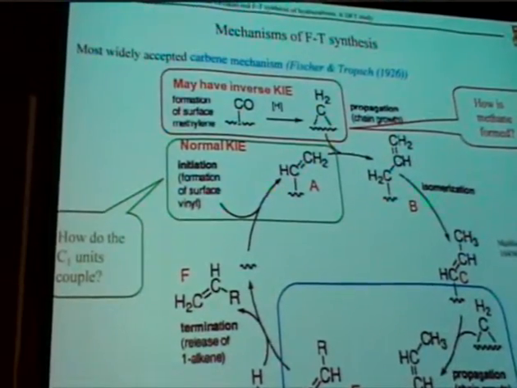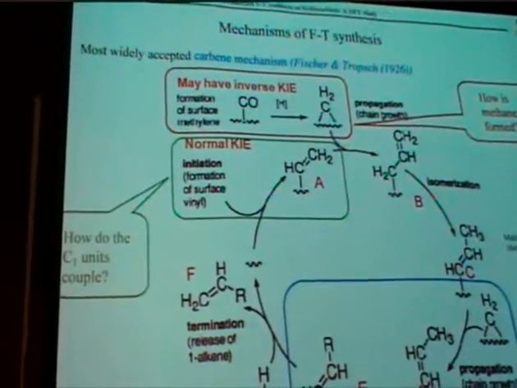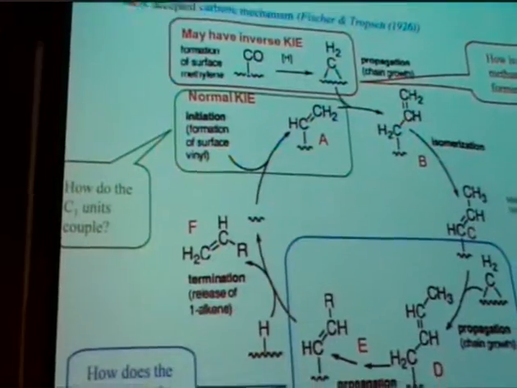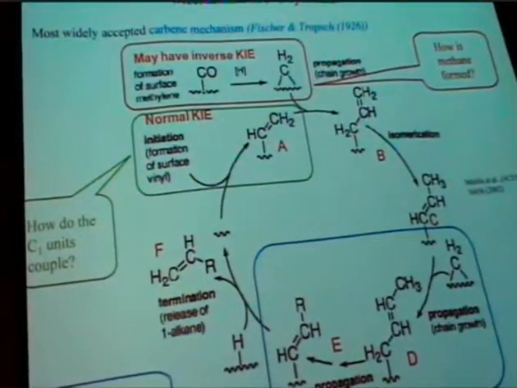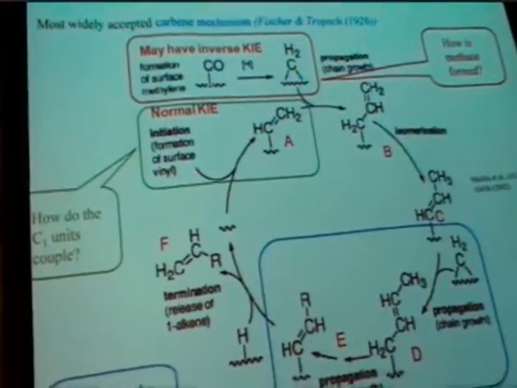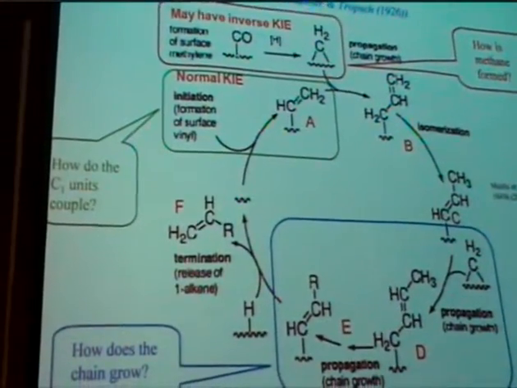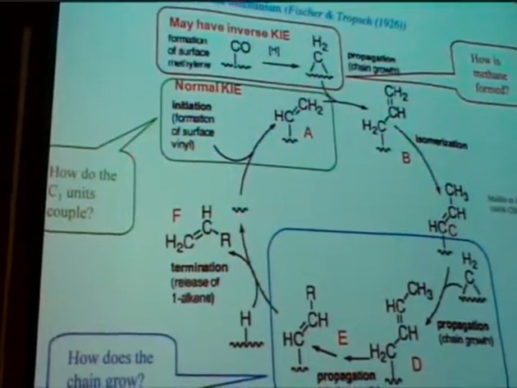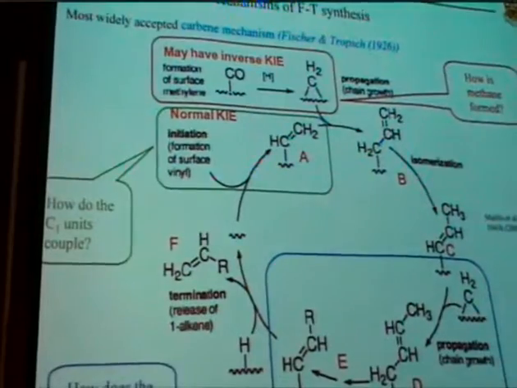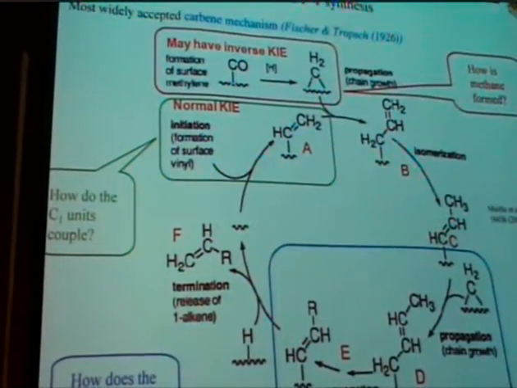If you look at the formation of A, the vinyl intermediate, that will have a normal kinetic isotope effect, so the deuterium data could apply to the formation of CH2. The rest of the cycle is inconsistent with an inverse kinetic isotope effect.